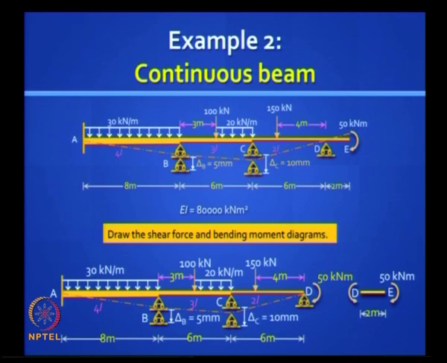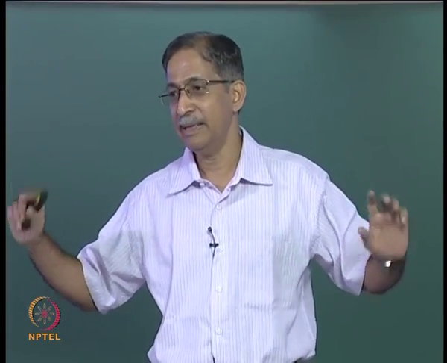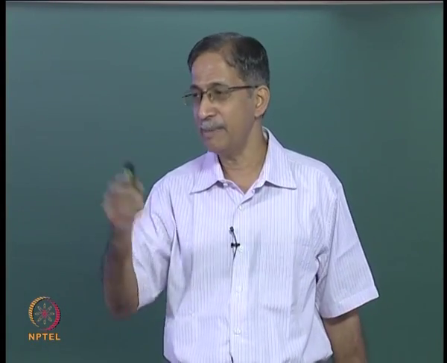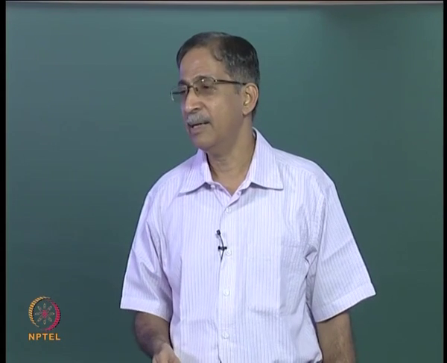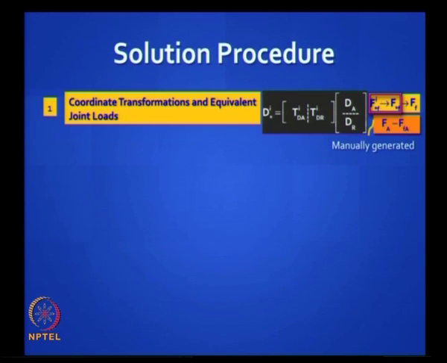So the first thing is, the procedure is quite clear. You have to do the coordinate transformation, write down your displacement transformation matrices, you have to figure out the fixed end force vector. You have to do this manually because you have a problem in the reduced element stiffness method, because you do not have a constant fixed end moment, it can change. So you have to do it manually, you have to get the net resultant force vector Fa by FFA.